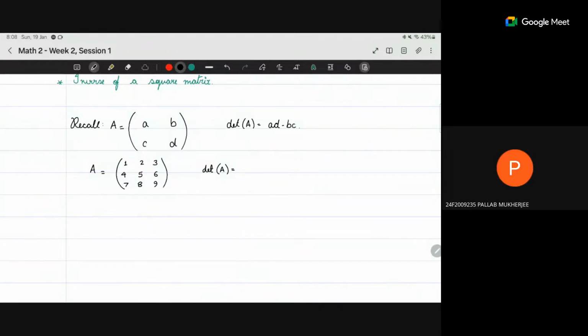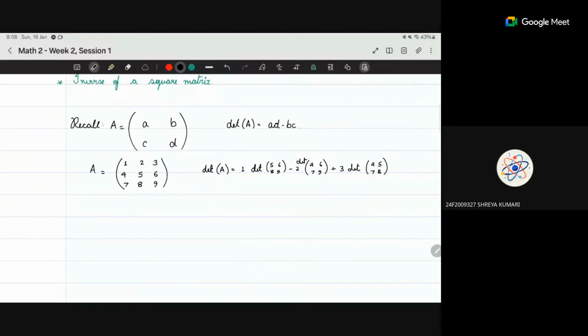So 1 into determinant of 5, 6, 8 and 9 minus 2 into determinant of 4, 6, 7 and 9 plus 3 into determinant of 4, 5, 7 and 8.